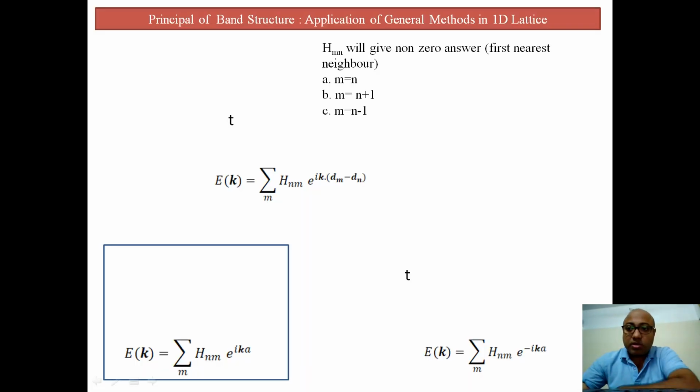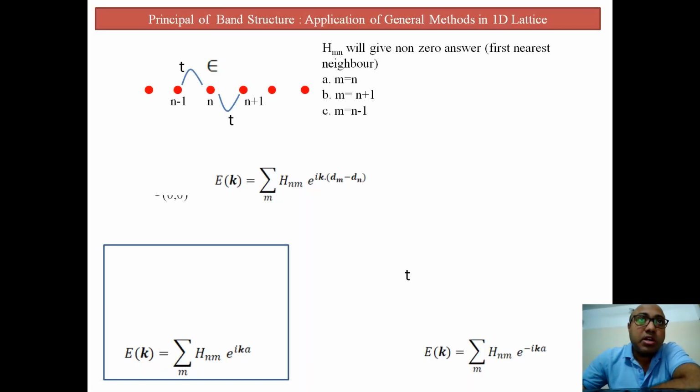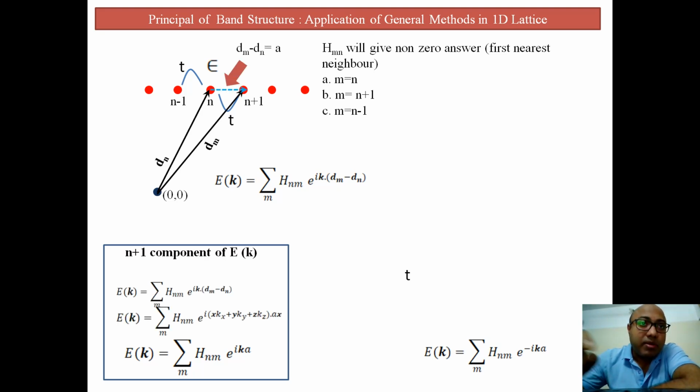So this is actually your answer. This is dn, this is dm, so this is actually dm minus dn, that is a, and we have written this part, correct? So this is actually your Hnm times e to the power ik. Why? Because as I told you, this is a simple dot product, so we don't have any component in ky and kz, so that product is 0, only xkx dot ax.